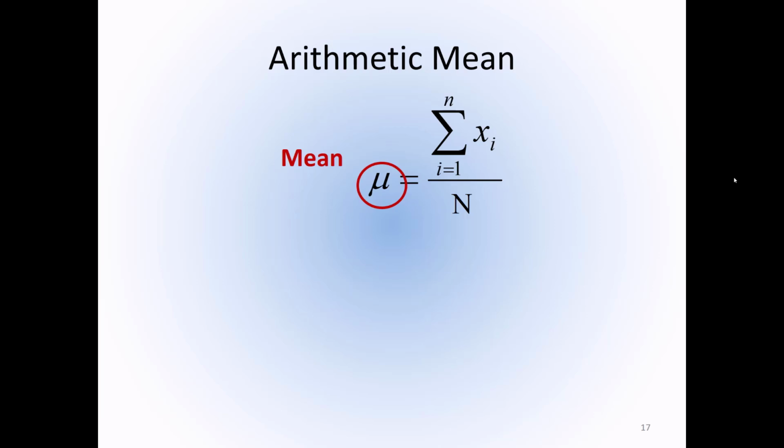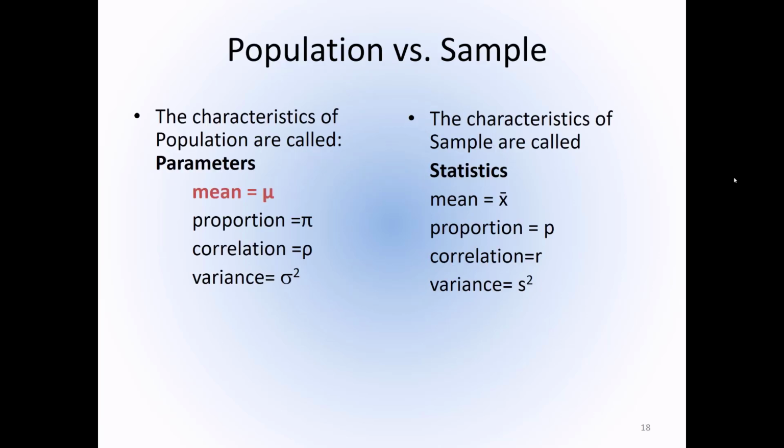So this symbol here, mu, represents the mean. Now this is a Greek letter. It looks a little bit unfamiliar, and so this should indicate to us that this is a population parameter. This is for the entire population rather than the sample.